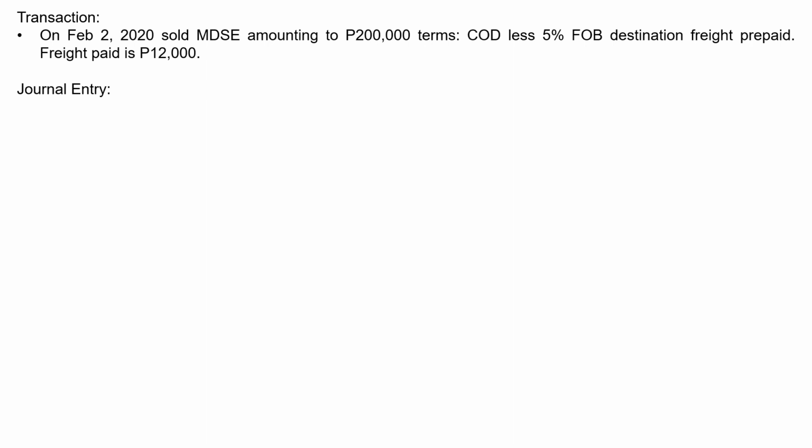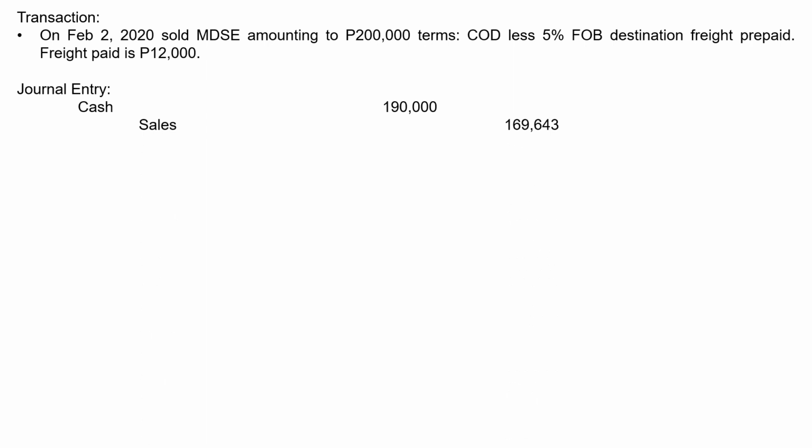So for this transaction, the journal entry is to debit cash 190,000. The 190,000 is computed less the 5% discount because that is actually a trade discount. So the invoice price is the amount with the 5% deducted.